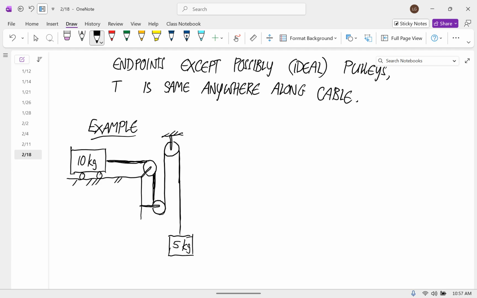And let's say we want to calculate the acceleration vector of the rolling cart, and we want to calculate the tension in the cable.